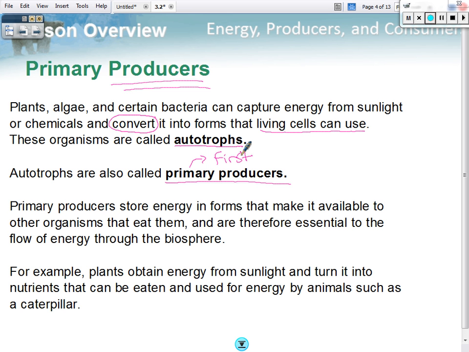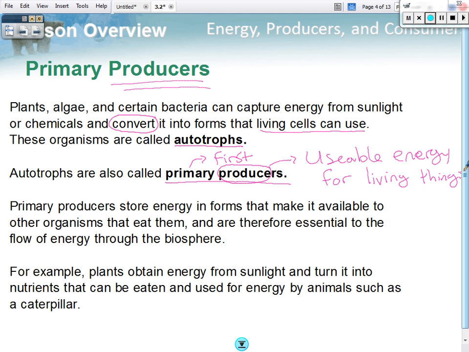Even though I said produce means to make, and then we came back and said nothing's being made, it's a good way to remember it. What they're making is usable energy for living things. It's very important.